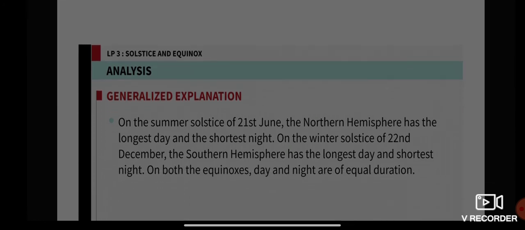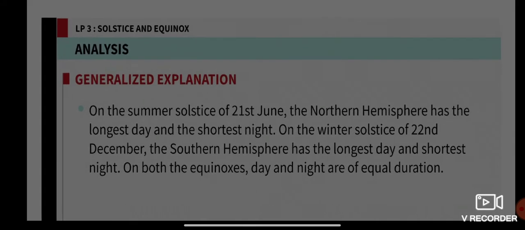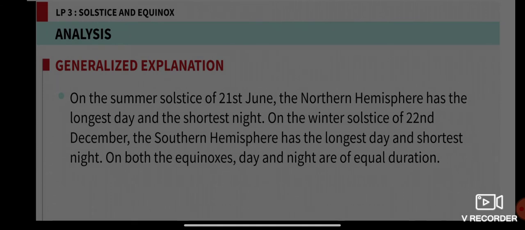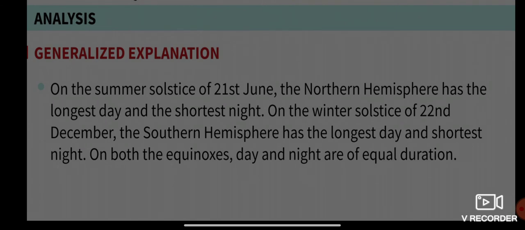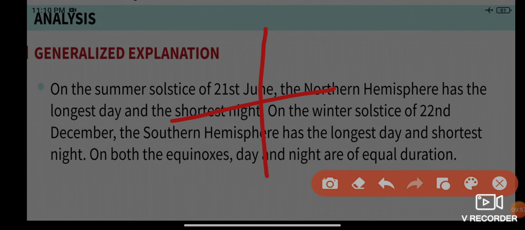On the summer solstice of 21st June, the northern hemisphere has the longest day and the shortest night. Similarly, on the winter solstice of 22nd December, the southern hemisphere has the longest day and shortest night. On both equinoxes, day and night are of equal duration. Always remember the direction.